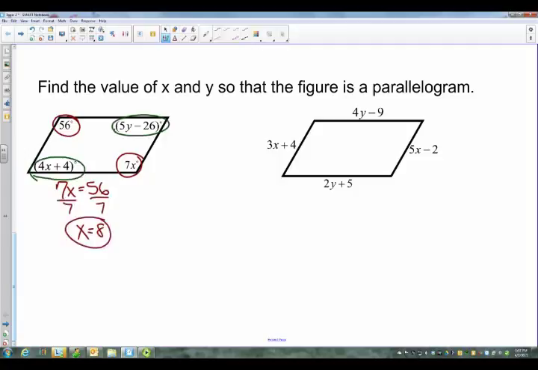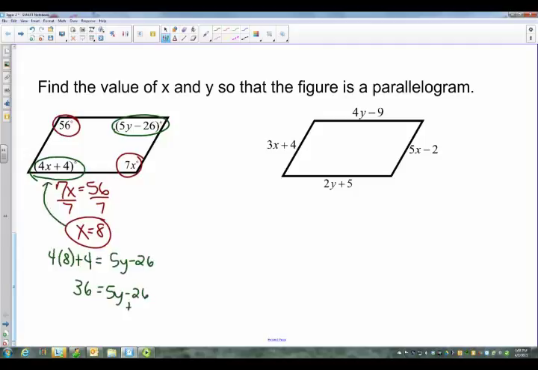I can't set an x and a y equal to each other, but the nice thing is I know what x is. X is 8, so I'm going to substitute that in. 4 times 8 plus 4 equals 5y minus 26. Then we just solve this. 4 times 8 is 32, plus 4 is 36, equals 5y minus 26.